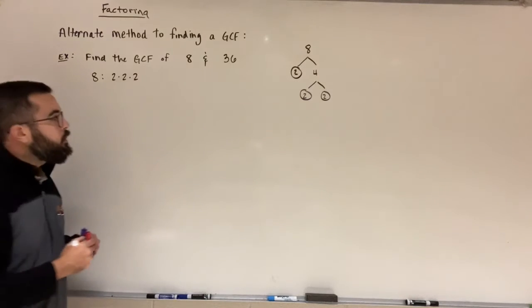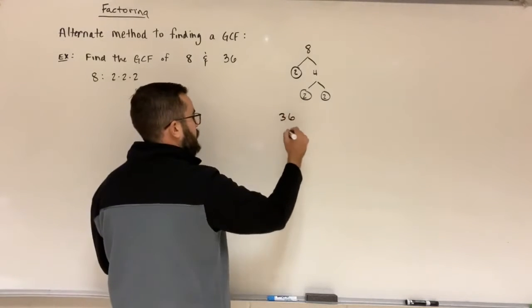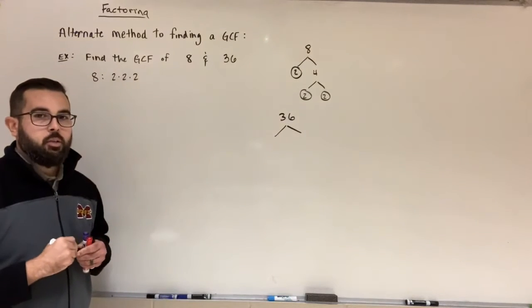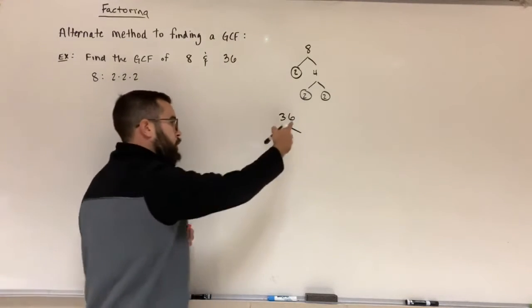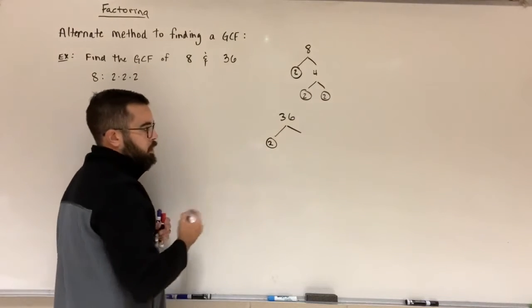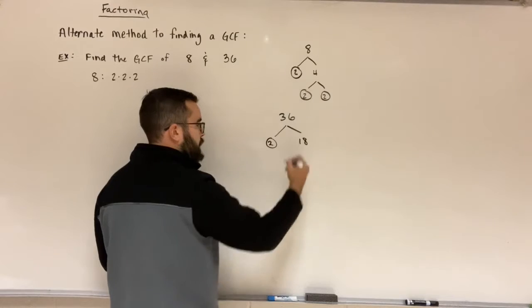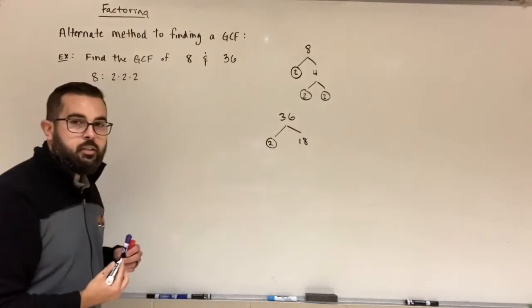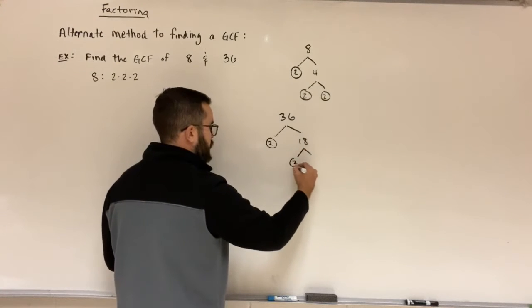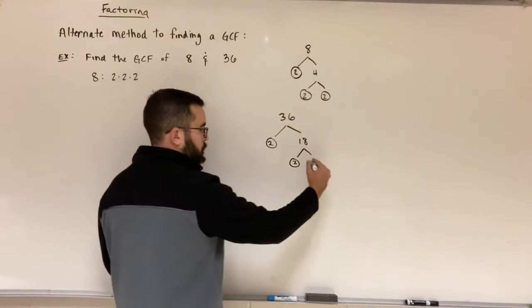All right? Now we do the same thing, but with 36, and 36 is a little bigger number. But now you break it down in a similar way. So 36 is even, so it can be divided by 2. So 2 times 18 is 36. 18, again, is even, so I can take out another 2.